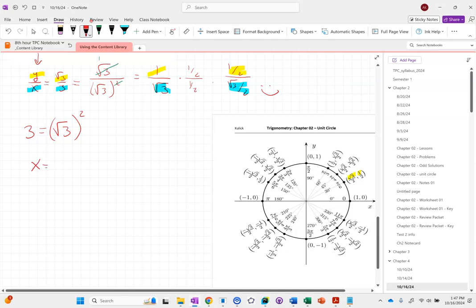So my x has to be square root of 3 over 2, and my y has to be 1/2. Or, since they're being divided, they could also be both negative, because negative divided by negative is still positive.